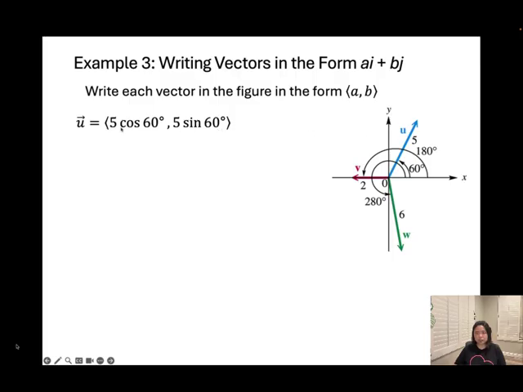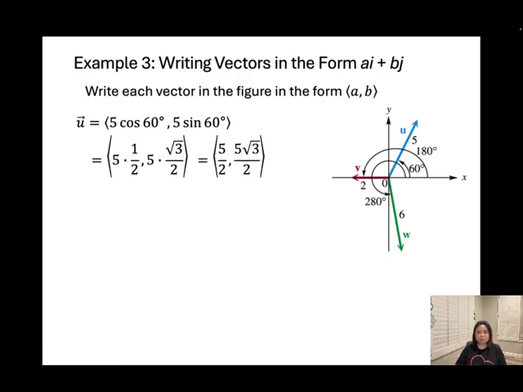Magnitude 5, and the angle will be 60. Use your calculator. You should get 5 over 2, and 5 square root 3 over 2. And I want you to try to do v and also w by yourself.